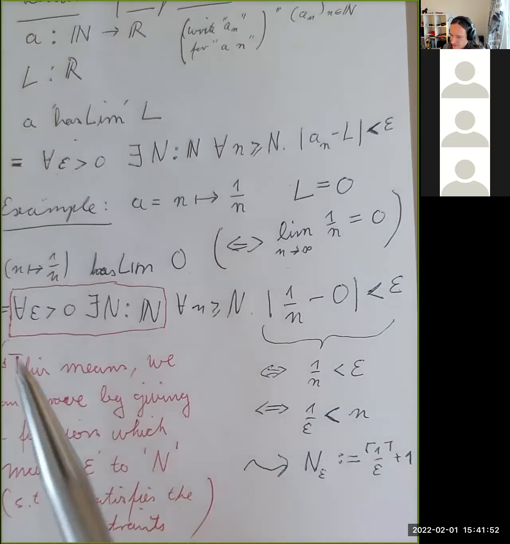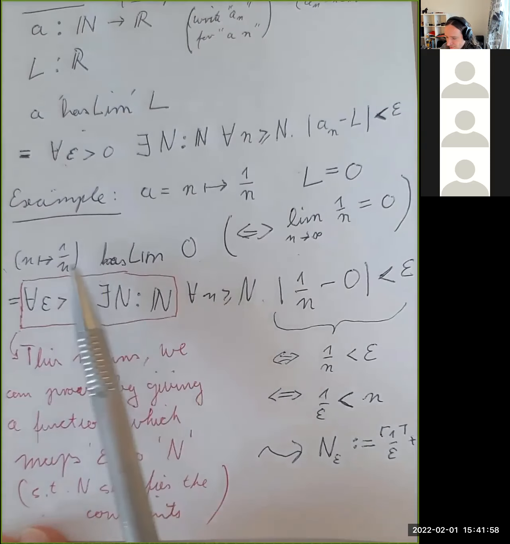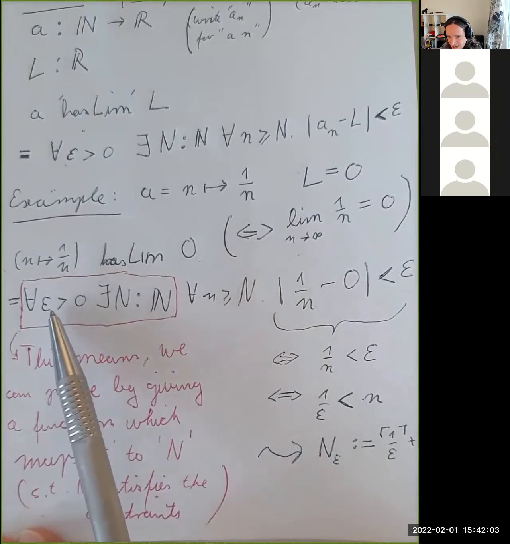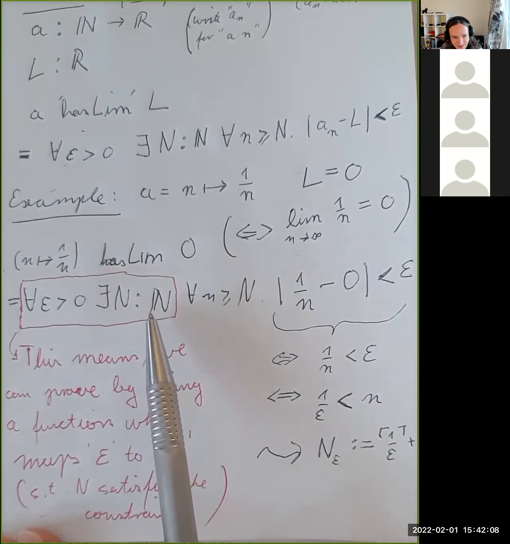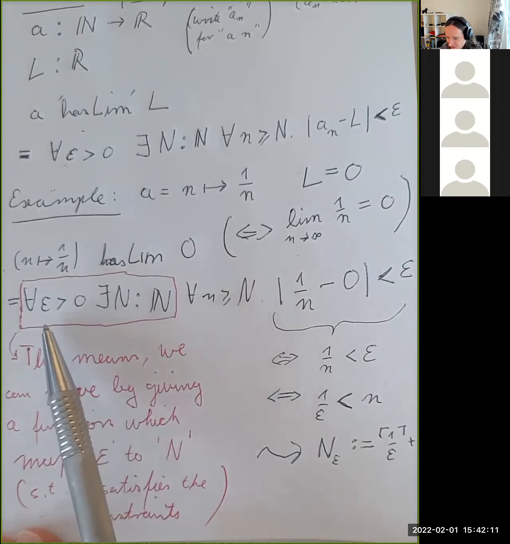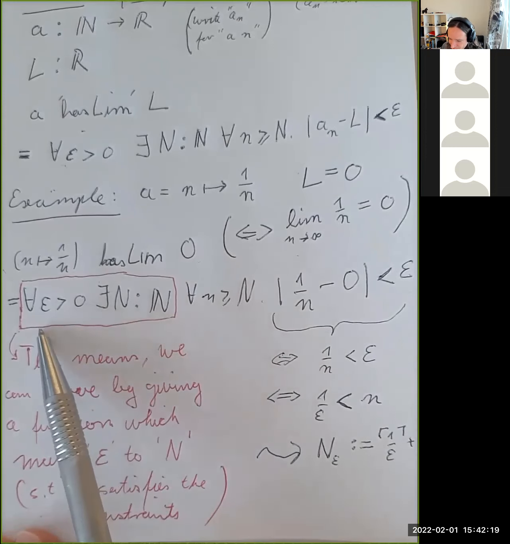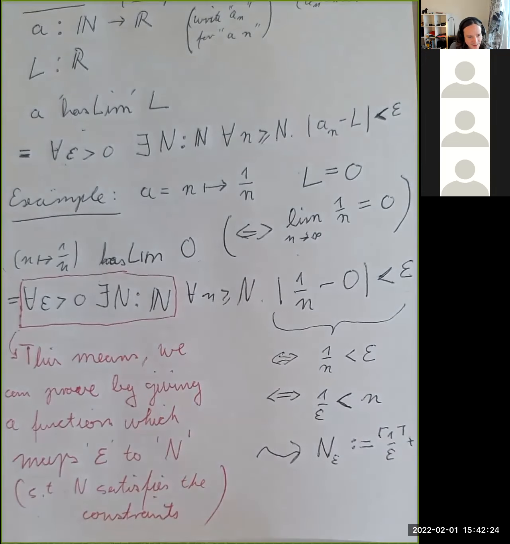Well, the idea basically comes from the form of our proposition, because it says for all epsilon, there should exist something, which means we should have a way of turning an epsilon into such an n, which means we have a function which maps epsilons to n's. Okay, understandable.